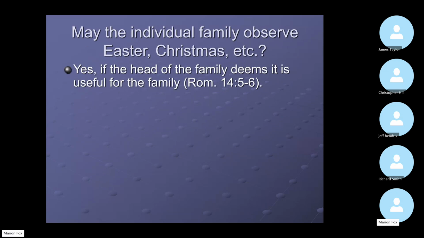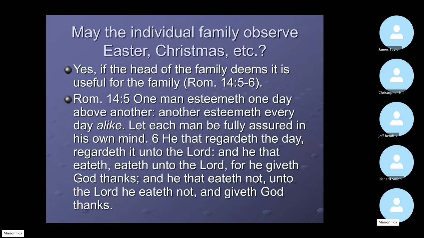Well, may an individual family observe Easter, Christmas, etc.? That's a different question. If the head of the family deems it useful for the family, they probably could, and I think we get this from Romans 14, 5 and 6. So the head of the family could say, we're going to rest on Saturday.